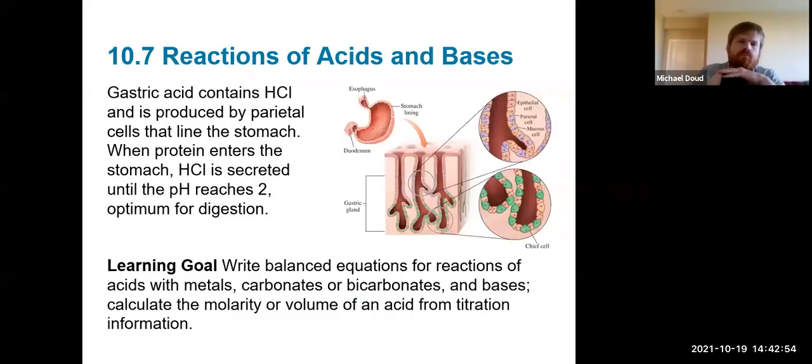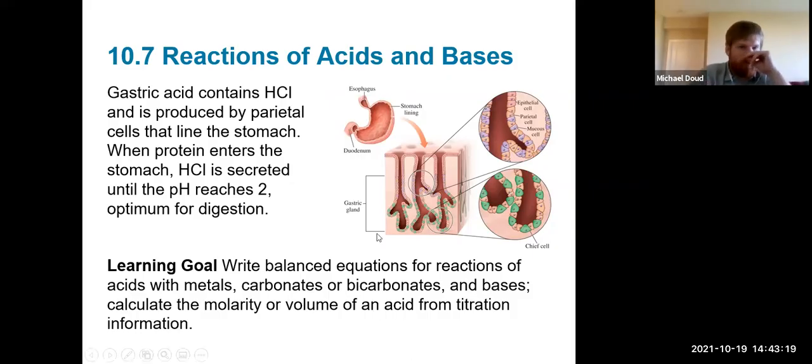Now, of course, what we're trying to do in this class is set you up for an understanding of how chemistry works in the body so that you're set up in the future to understand how these things interact with human bodies. And of course, acids and bases are a really important part of the body.